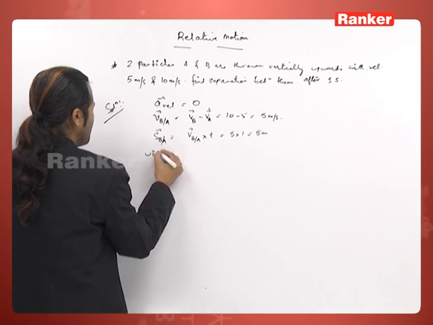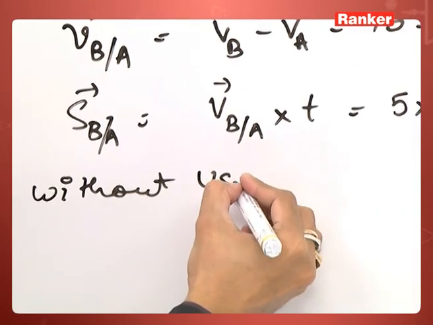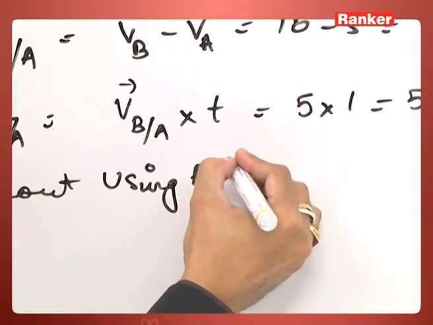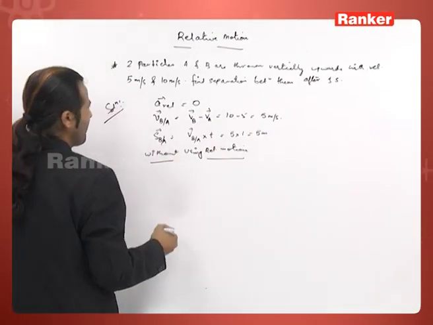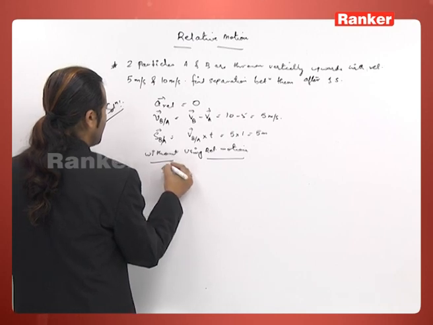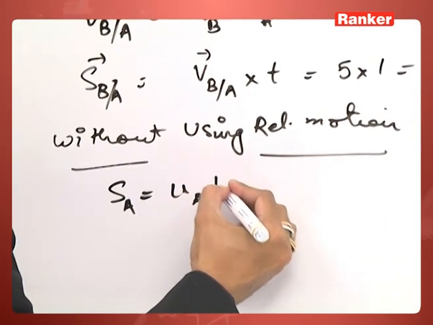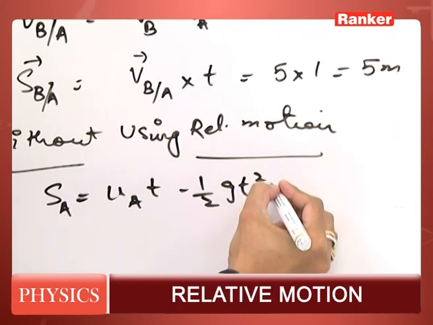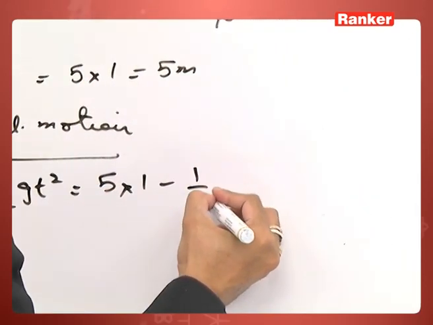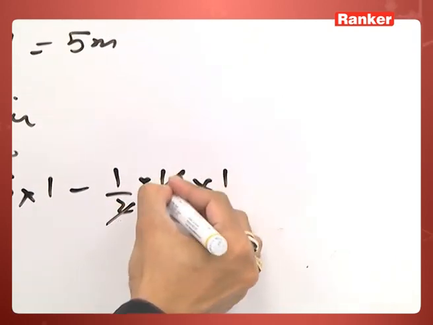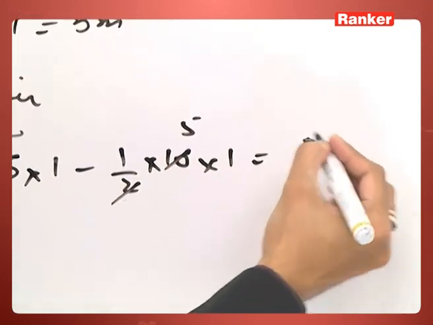Now without using relative motion, you can do it like this. SA is UAt minus half gt square, so 5 into 1 minus half into 10 into 1, which is 0.